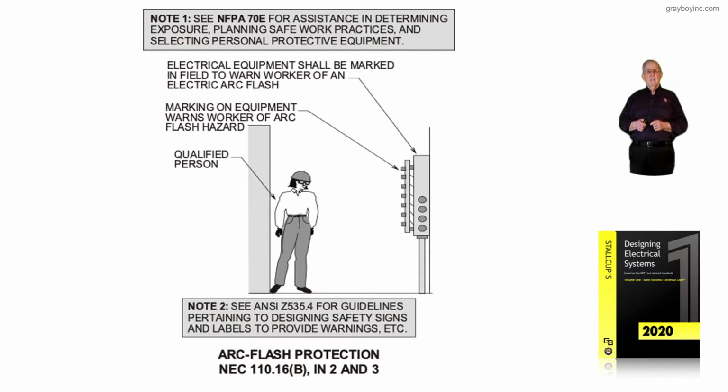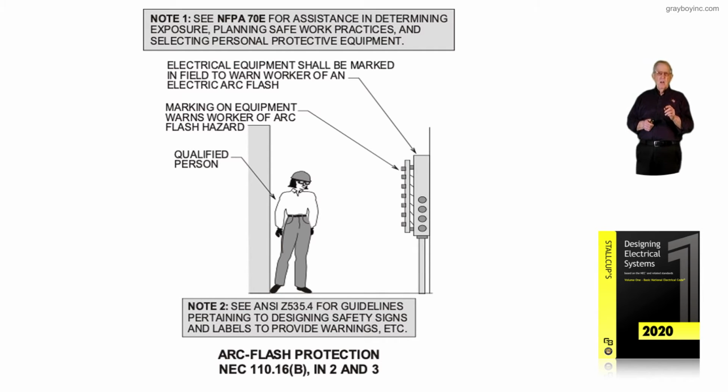Now, if we drop down to 5, we are actually calculating a bolted fault. Now, if we want to do that, then notice the distance for a curable burn, DC, is the square root of 53 times the MVA rating of the system times the clearing time.